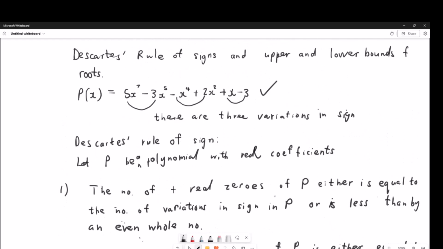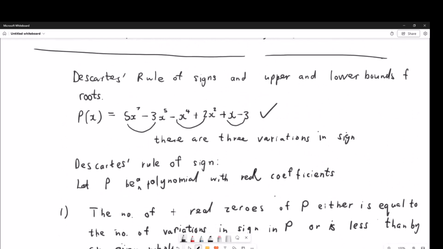So there we had a polynomial, for example, of 7th degree, arranged in descending powers, from x to the 7 up to x to the 0, which is minus 3x to the 0, okay? X to the 0 is 1, you know that, guys. There we encountered 3 variations in sign when we look at the coefficient signs: positive, negative, negative, positive, positive, negative.